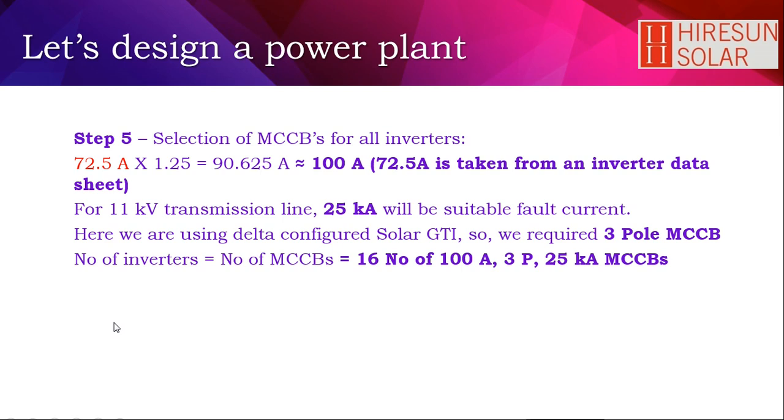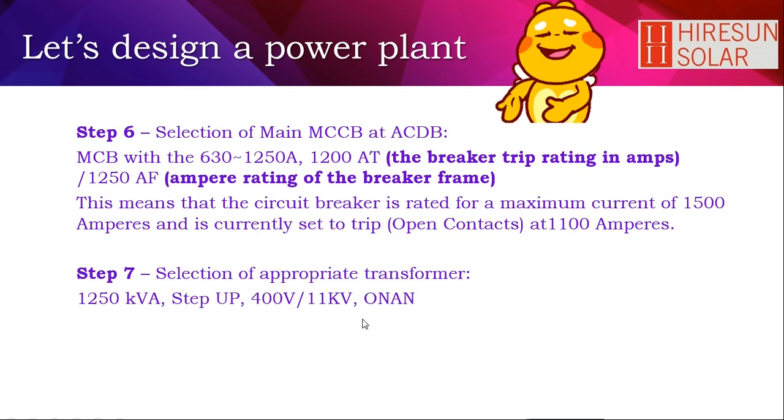We have a delta configured solar GTI, that is, grid tied inverter. So we require a 3 pole MCCB, and the number of MCCBs equals the number of inverters, that is 16, each of almost 100 ampere capacity. It has 3 poles because it is a 3-phase delta connected network, with 25 kiloampere withstand capacity.